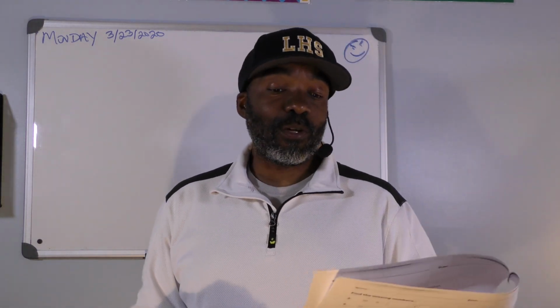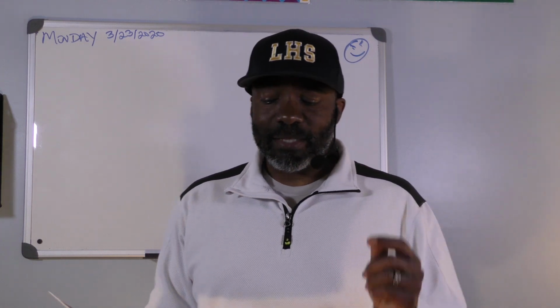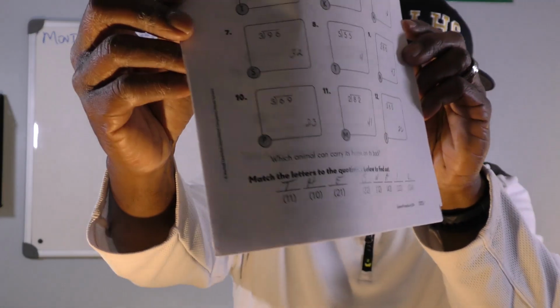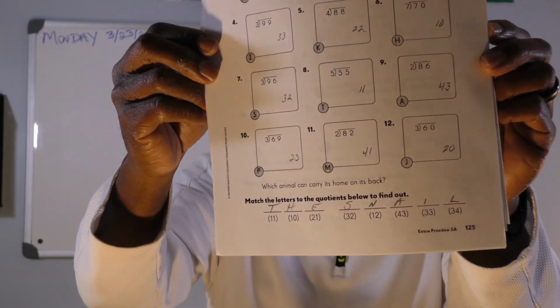Just email me if you have any questions about any of the 1 through 12 problems that you had an issue with. The answer at the bottom is the right answer, so if you did it right, you should have come up with it. There were no remainders on that whatsoever.